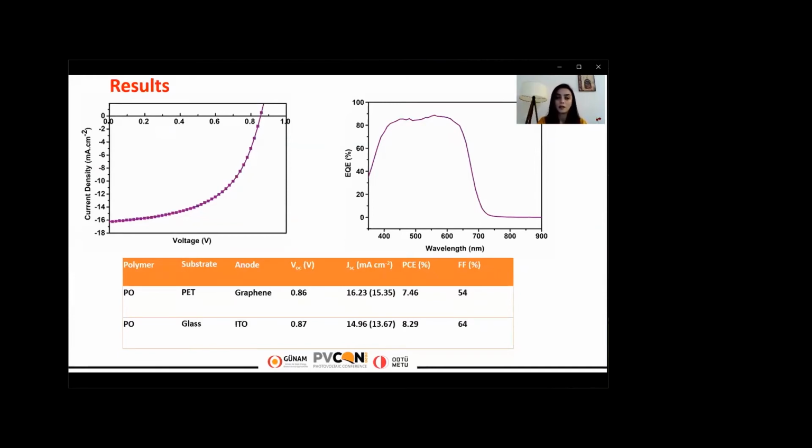I believe with more optimization, we will increase the fill factor and get polymer solar cells with higher power conversion efficiency. And we get an EQE of more than 80%.